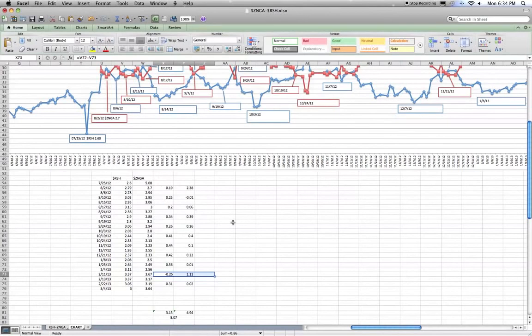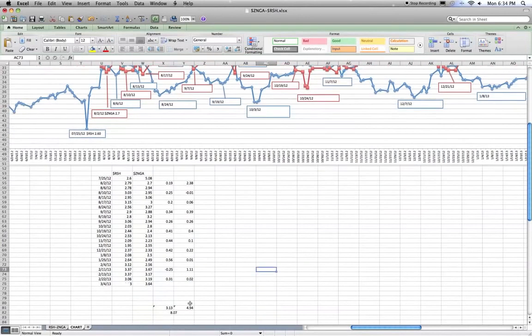So, Radio Shack and ZNGA work really good, just because their prices are relatively similar or the same. So, if you wanted to take this trade for example, and you only had like $5,000 in your account, you would want to spend $2,500 on each one.